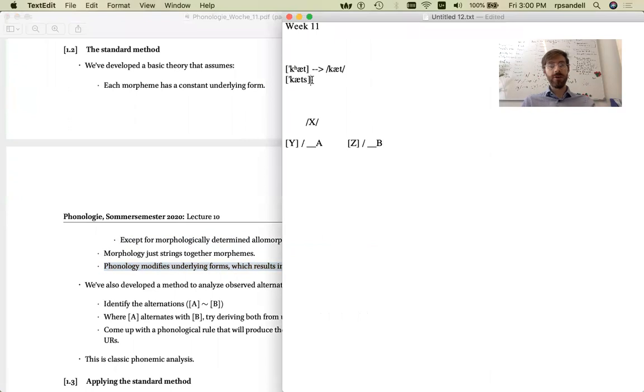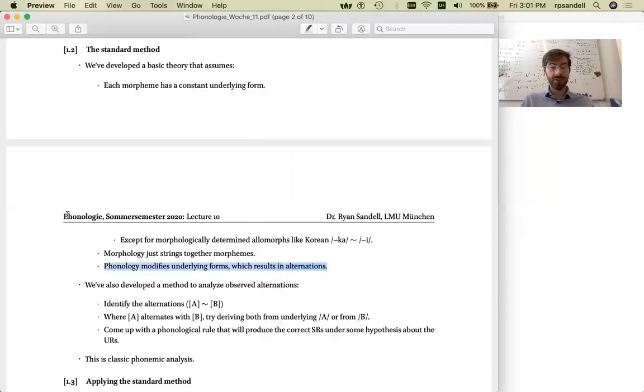In the English plural morpheme, like for instance in this plural form of cats, we know from our analysis of the English plural that we are in fact seeing a conditioned allomorph of the plural suffix. The plural suffix should be analyzed as an underlying voiced fricative, which becomes voiceless in this context following a voiceless obstruent.